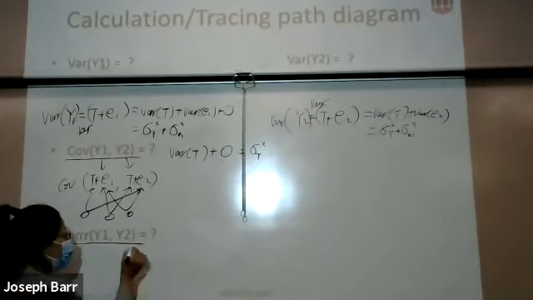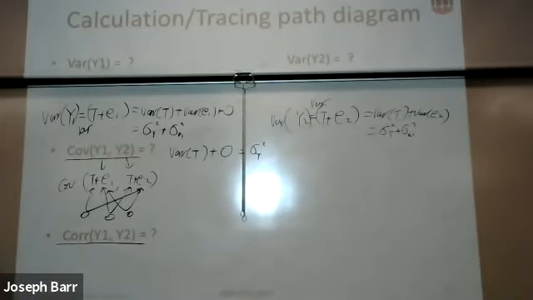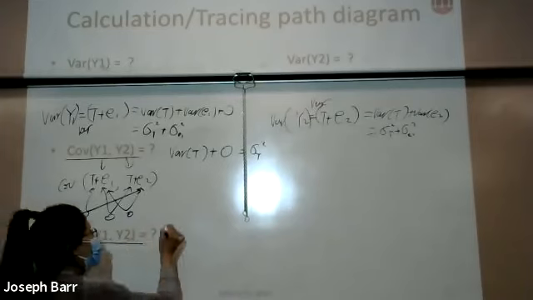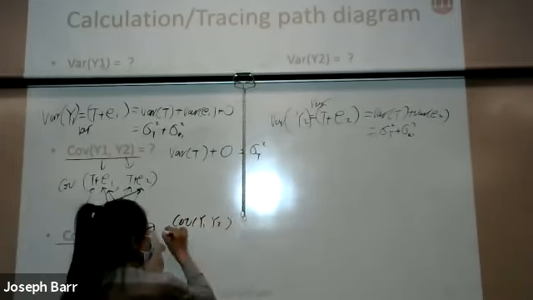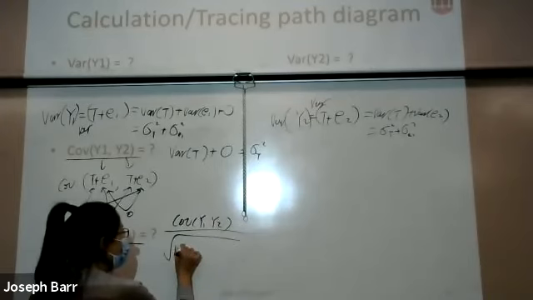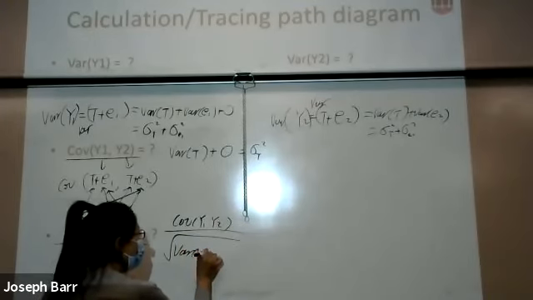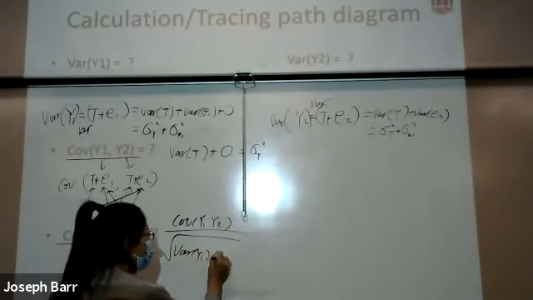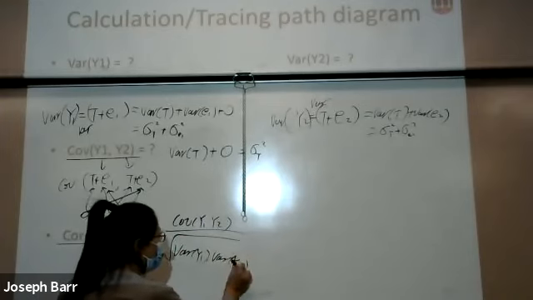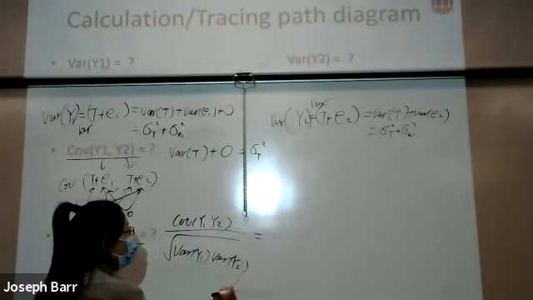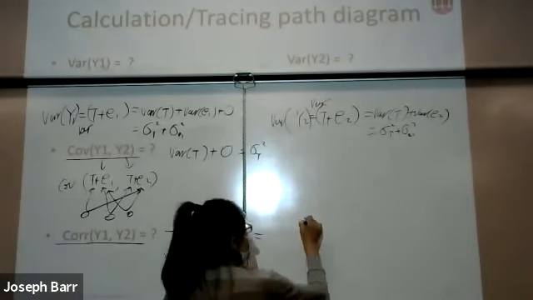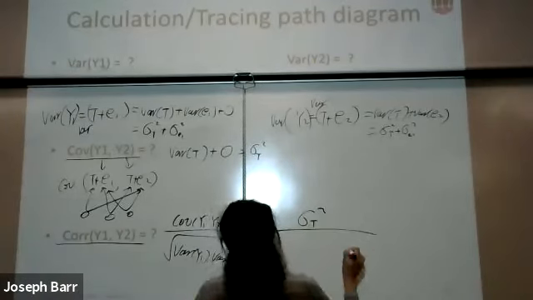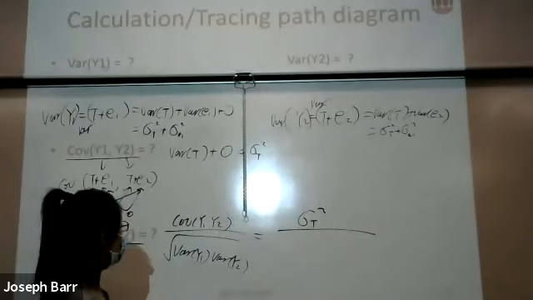Now let's look at the correlation. What's the formula? It's the covariance between y1 and y2, over the square root of the variance of y1 times the variance of y2. We have all these components ready. So we have sigma t squared, that is the covariance between y1 and y2.